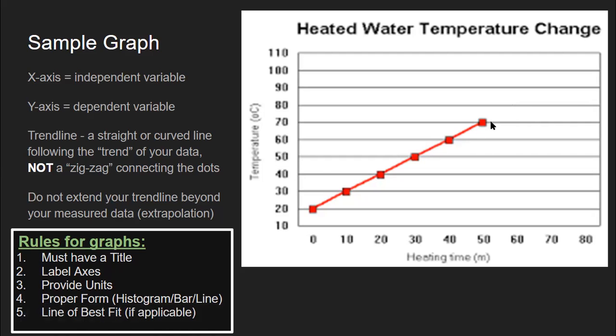If this was, for example, heights and weights instead of time and temperature, you don't usually see a straight line continue on indefinitely for that, right? As somebody gets bigger, they don't keep getting taller.